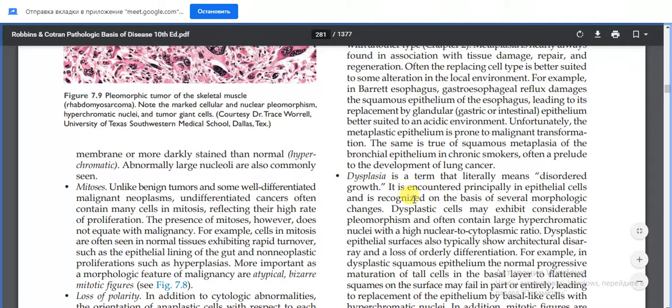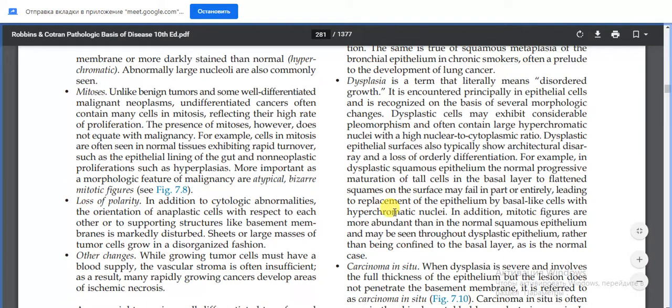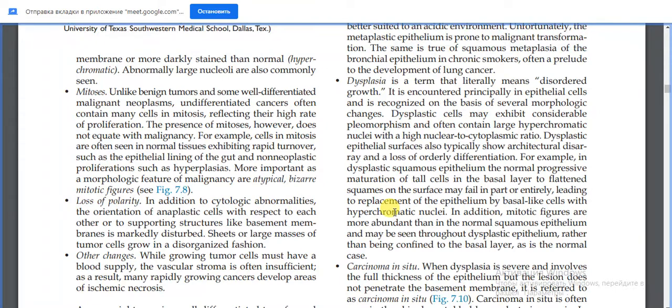But it has different levels of dysplasia. I said we have differentiation and anaplasia, and dysplasia is like a middle stage between anaplasia and differentiation. In dysplastic cells we can still understand which cell has which function, but they have some strangeness in their information. Dysplasia is explained in a different way for different tissues.